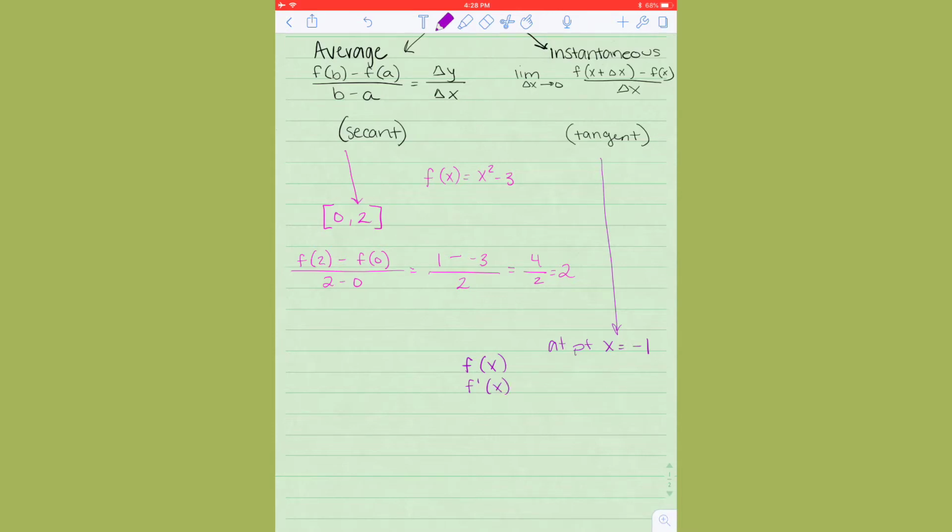If I know that my f function is x squared minus 3, I can use my power rule, and I get that f prime is equal to 2x. If I want to find my instantaneous rate at the point x equals negative 1, I plug in negative 1, and I get the value negative 2. So you see the difference between average rate of change versus instantaneous rate of change.